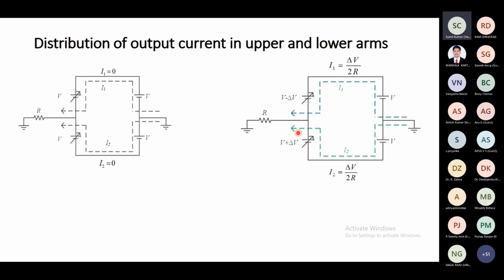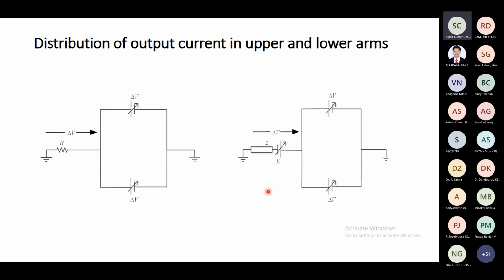So equivalently, if I consider this circuit, see this is plus V, and from that V minus delta V is subtracted, so effectively it becomes delta V. Similarly for the lower side.